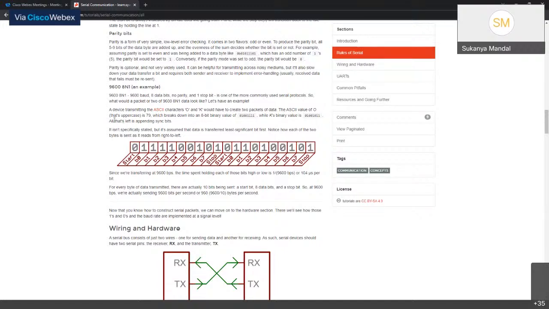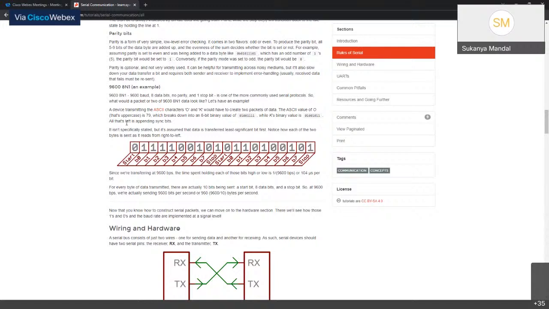The ASCII value of O, that's uppercase O, is 79, which breaks down to an 8-bit binary value of 01001111, while K's binary value is 01001011.